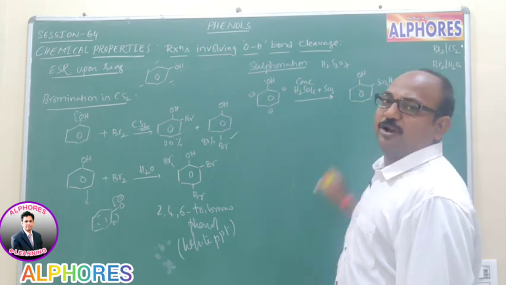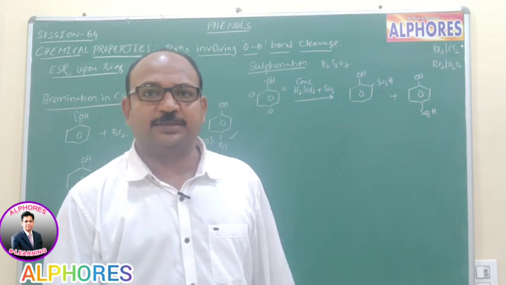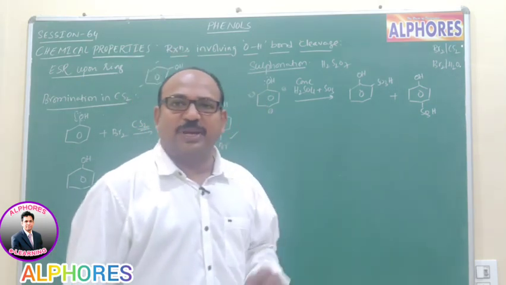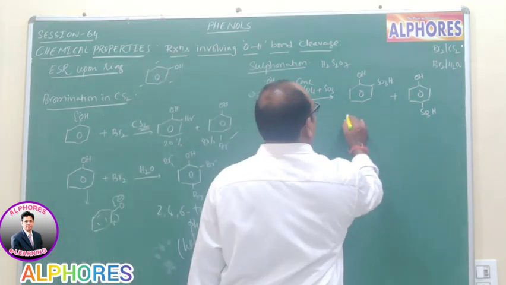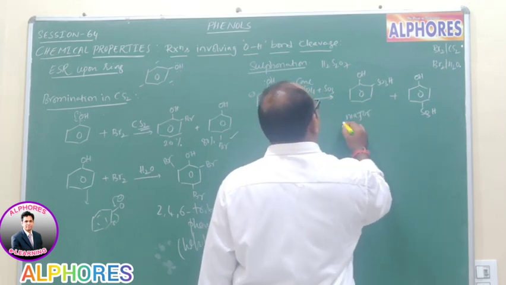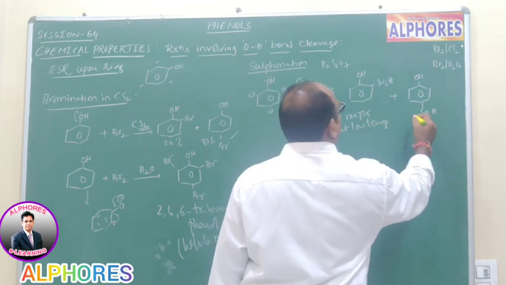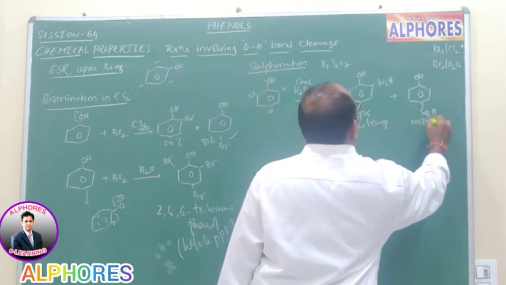So ortho-hydroxybenzene sulfonic acid and para-hydroxybenzene sulfonic acid. At low temperature the ortho product is major, and at high temperature the para product is major.